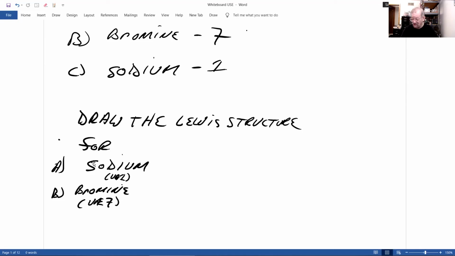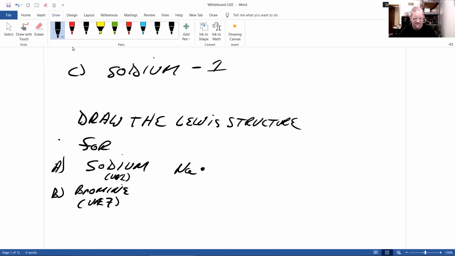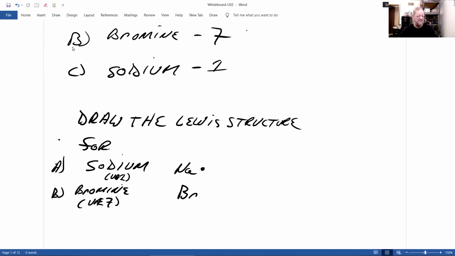All right, let's do this. How do you do sodium? Write down the chemical symbol, Na, and on any side, put 1 dot. I put it there. There are 3 other sides you could do it. Now, bromine has 7. That's the awfulest looking B. That's better.